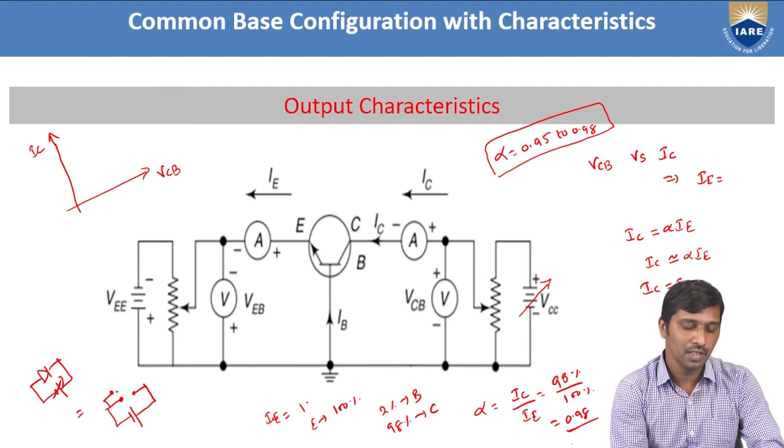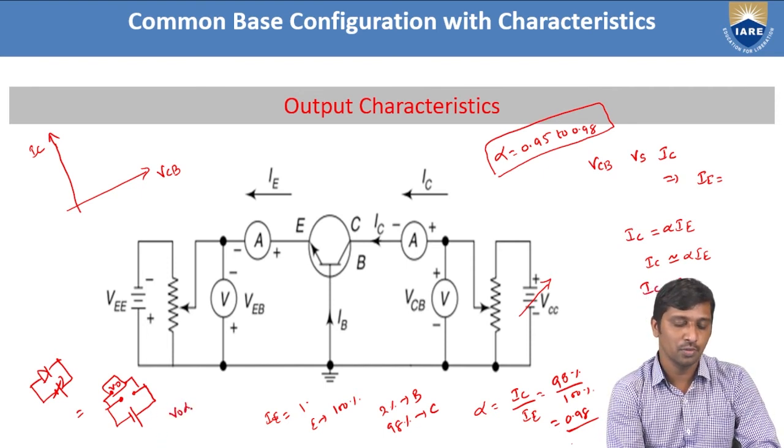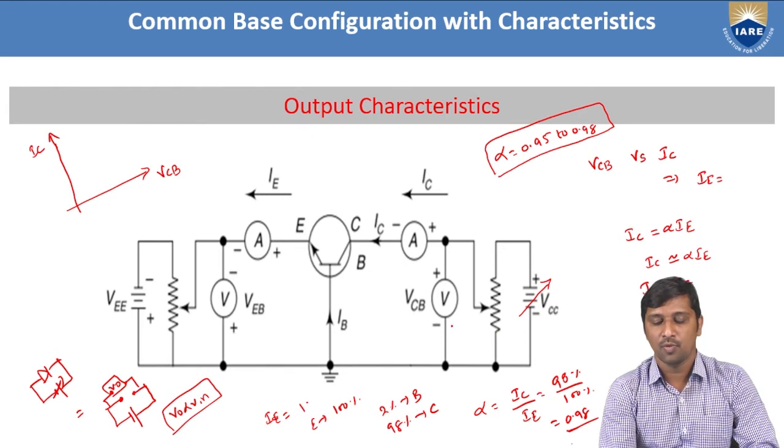And at this point, we need to find the output voltage. From this representation, the output voltage is proportional to VCC when the diode is reverse biased. So under this reverse bias, if VCC increases, proportionally the same voltage will appear across the collector and the base.